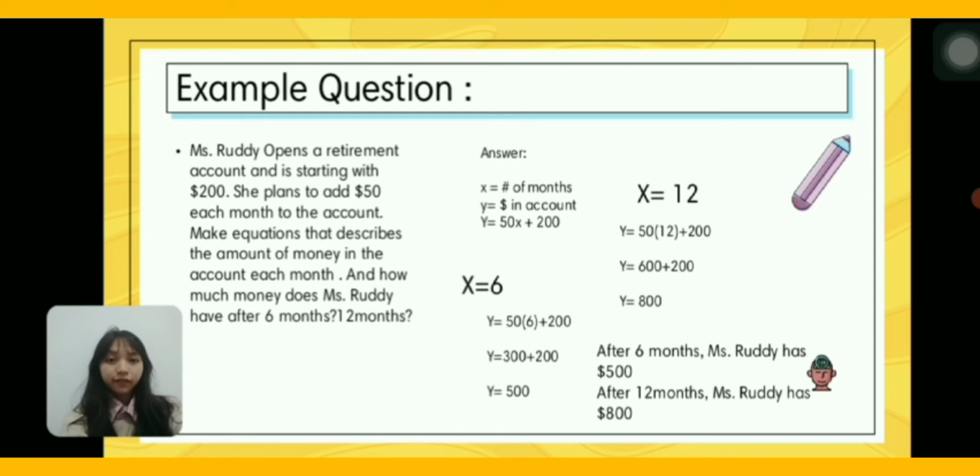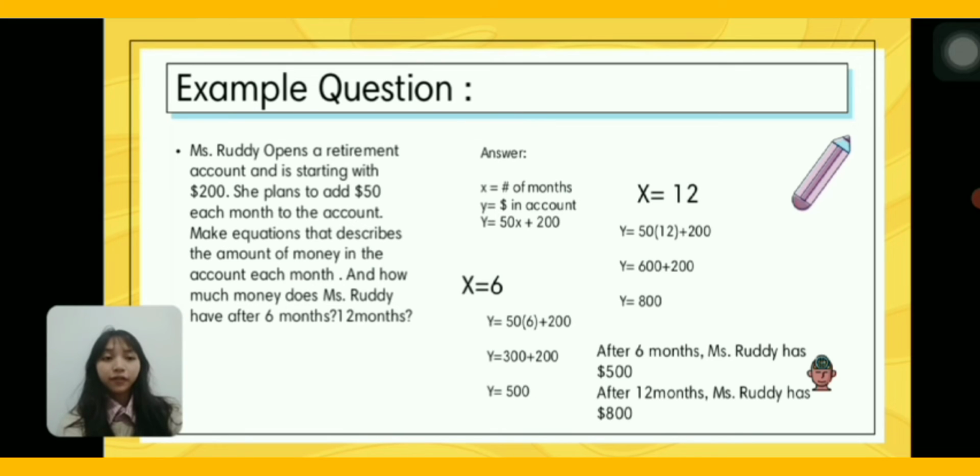So y equals 500. And now we're going to find how much money Miss Radi has after 12 months. So x equals 12, so y equals 50 times 12 plus 200, and y equals 600 plus 200, so y equals 800.